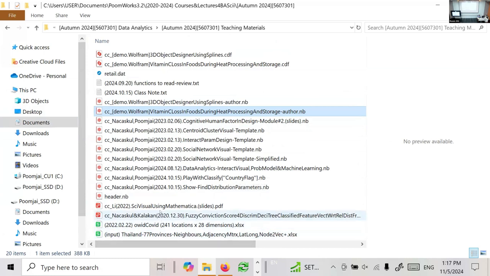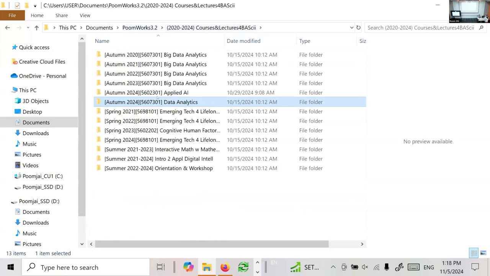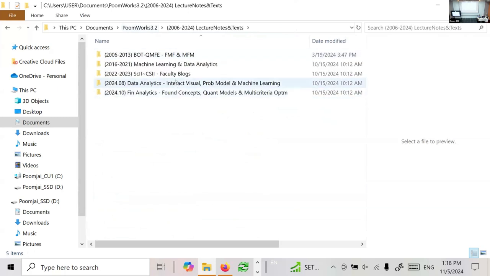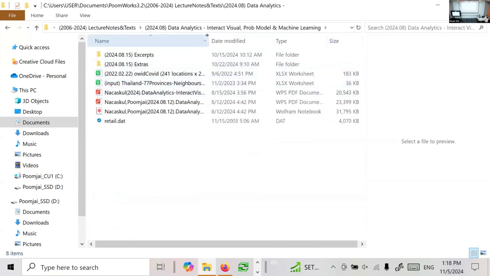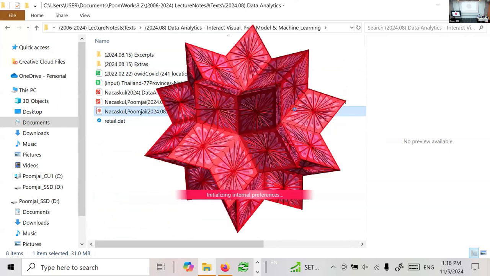Where's my notebook? What did I do with my notebook? Okay, let's go to the... There it is. Okay. Data analytics. Okay, so notebook, start it up. Sorry about that.